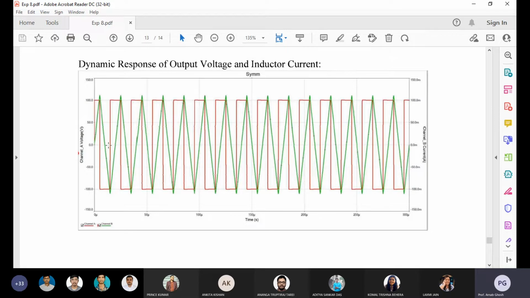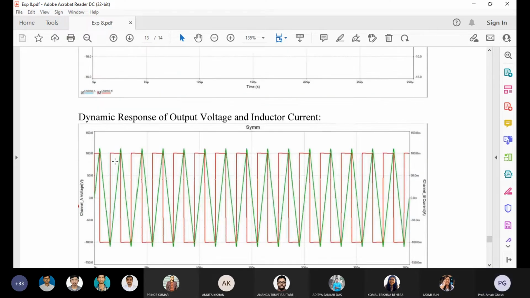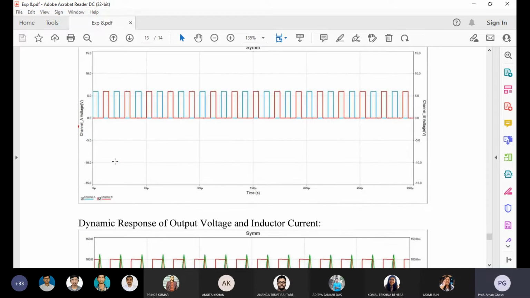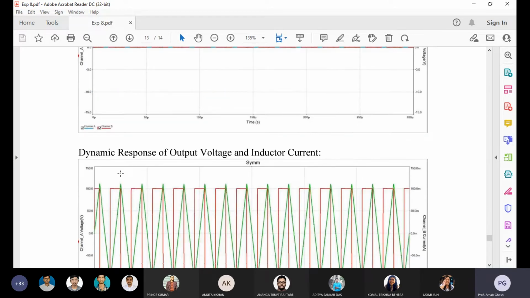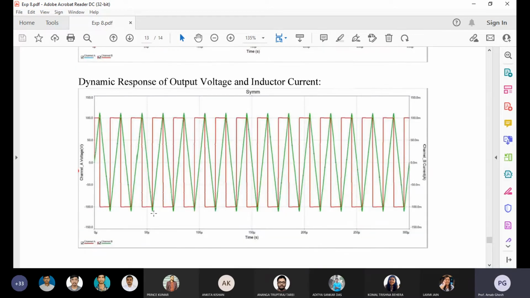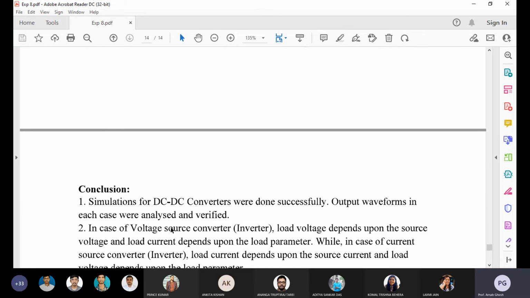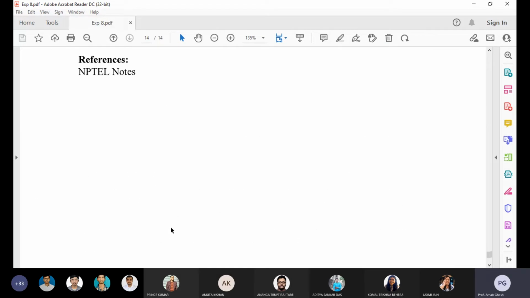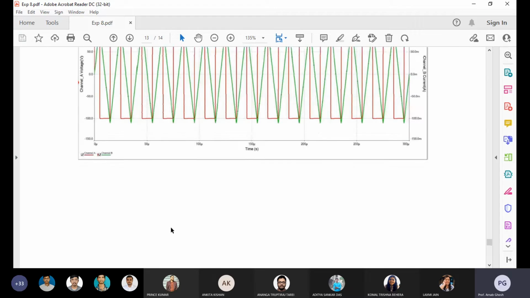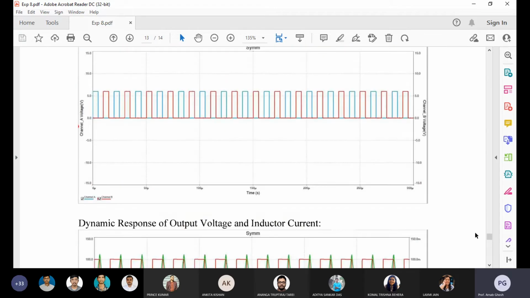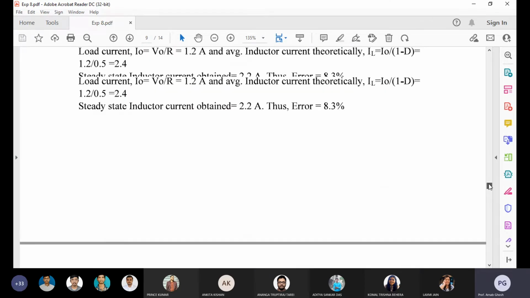But for this bridge, current is also varying from positive to negative side. So these are very simple calculations, very simple experiments, simulations. I'm sharing this content with you.